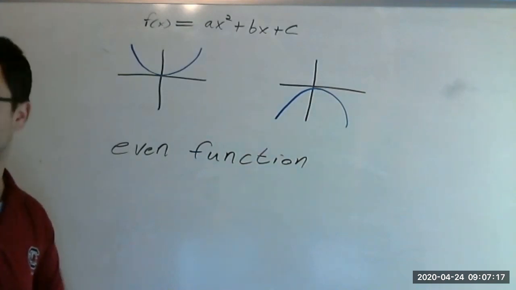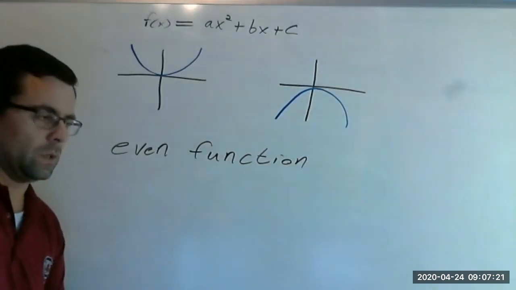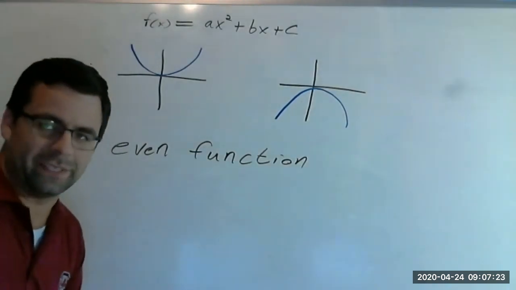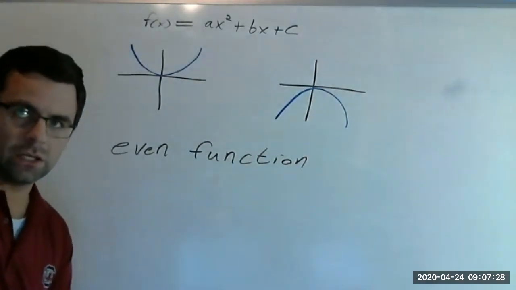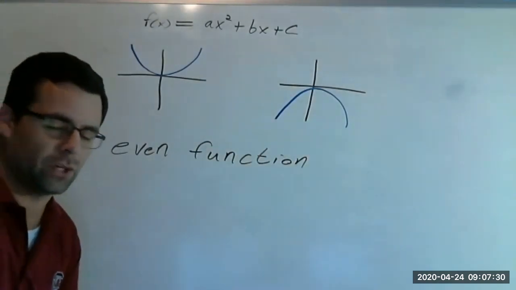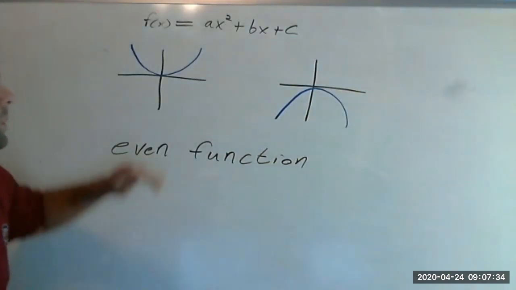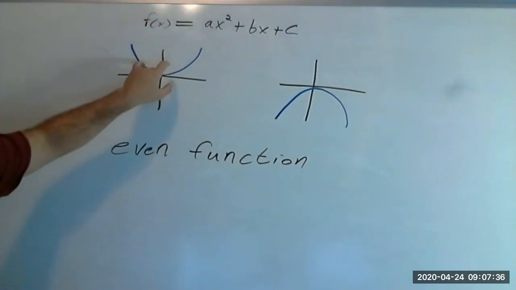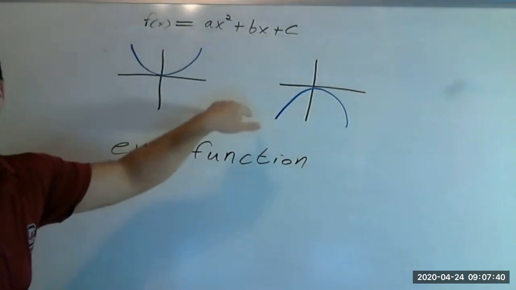So an even function, one of the ways you can tell if it's even is if the end behavior is the same. For an even function, at the ends, they both go up or they both go down.